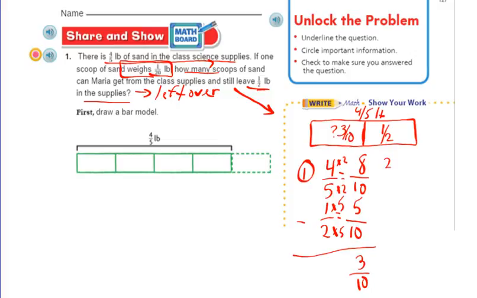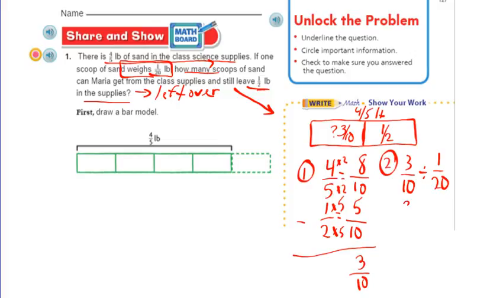What I would like you to do now is perform the second step on your own. So please pause the video and complete the division step of this problem on your own. Okay, thank you for pausing the video. What I would do is always start with what I used, which was 3/10 of a pound. Divide that by the equal part in the problem here, and the scoops are 1/20th.